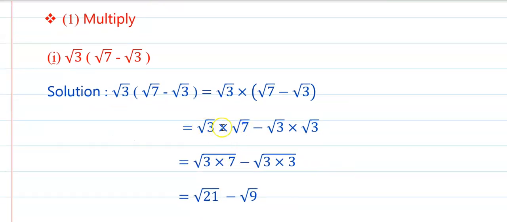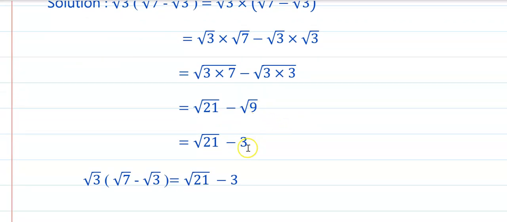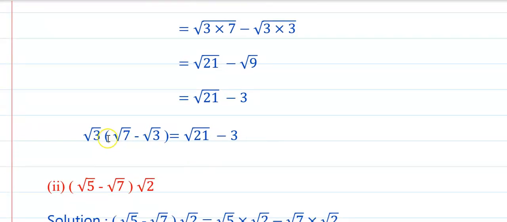Here the index is the same, therefore we can take 3 into 7 under the same root, which is root of 21, minus root of 3 into 3, which is root of 9, and root of 9 is 3. Therefore, root 3 in bracket root 7 minus root 3 equals root 21 minus 3.